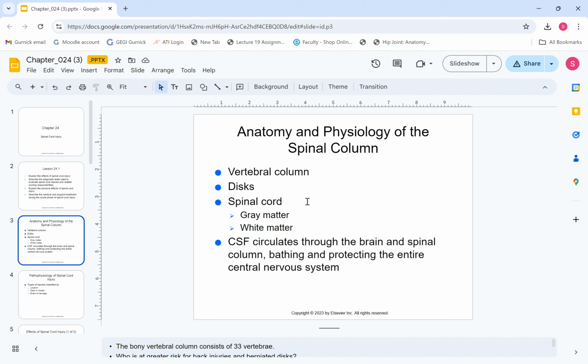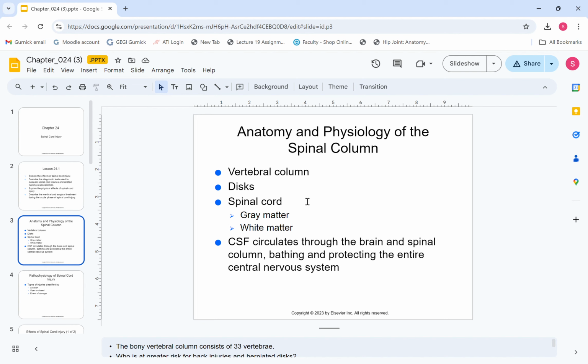All right, cerebral spinal fluid circulates through the brain and the spinal column, bathing and protecting the entire central nervous system. It flows through your brain, and it also flows down through your spinal cord. Your spinal cord cavity is continuous with the fourth ventricle of your brain.